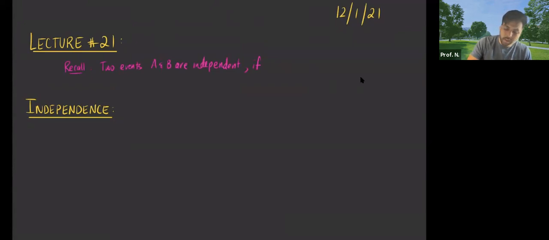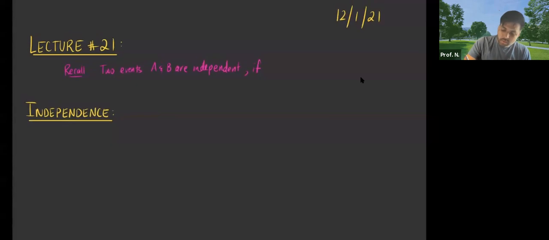How did we define two independent events? Their intersection equals their multiplication. So exactly what do you mean by their intersection? Just to be a little bit more clear, it's the probabilities, right? The probability of the intersection is equal to the probability of one multiplied by the probability of the other. This is what it means for two events to be independent.